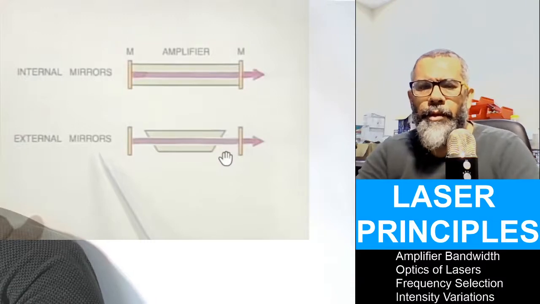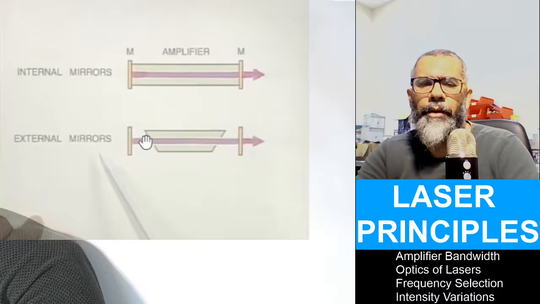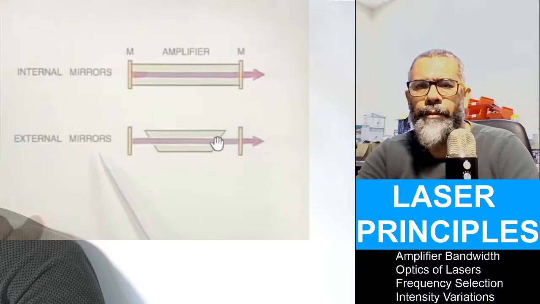What you see over here is that the amplifier is just inside the resonator, and its endpoints are not mirrors. Mirrors are separated, and you have a funny cut-shaped amplifier region in order to reduce the internal reflection of the laser light on the surface of the amplifier.